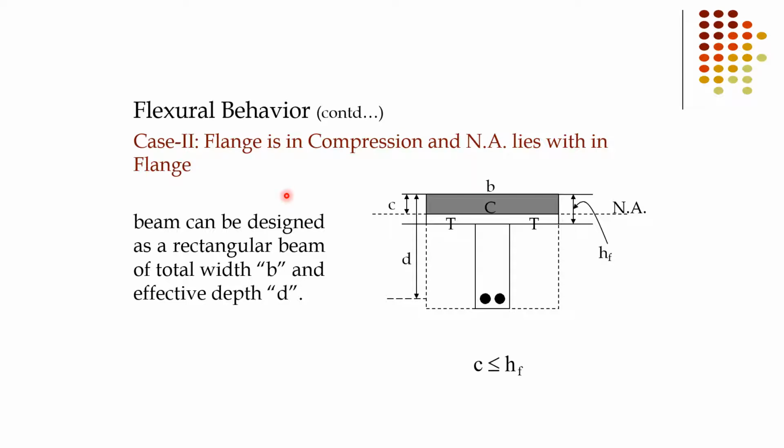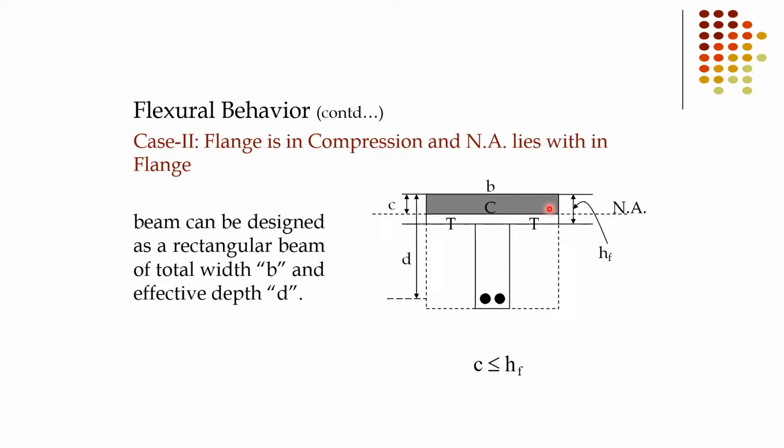Case 2: flange in compression and neutral axis lies within the flange. For example, when we perform the calculations, the neutral axis depth does not lie in the web, it lies in the beam flange. In that case the beam is also designed as a rectangular beam. Why?